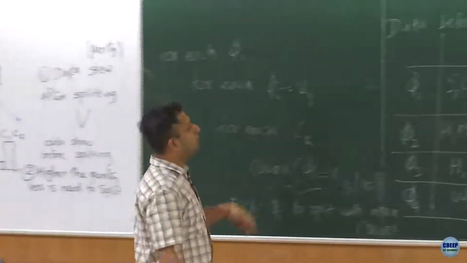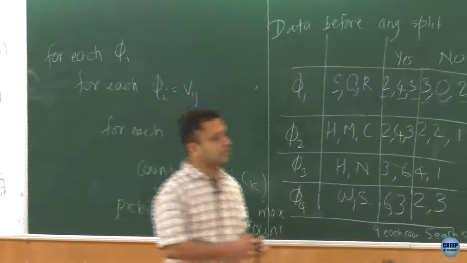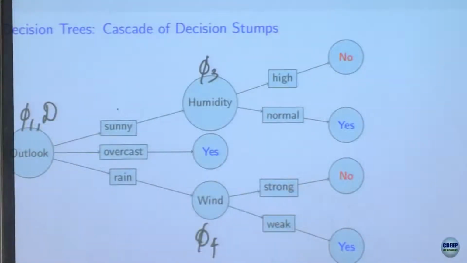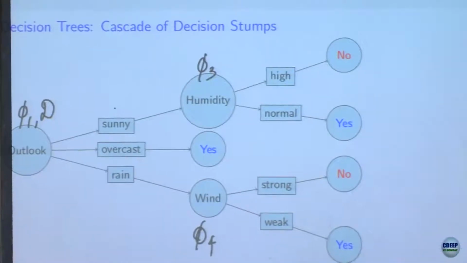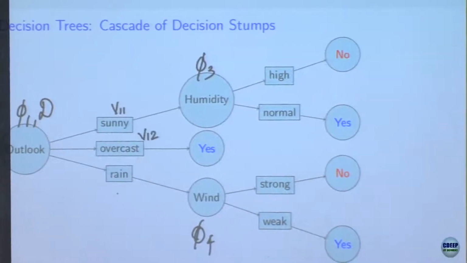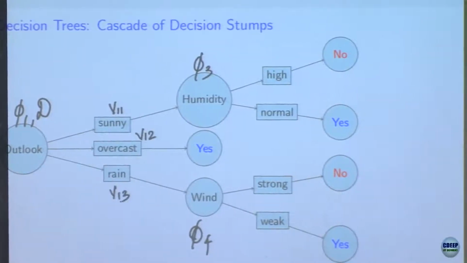So what we'll also do is associate the data itself. Here is the data before the split, and now this phi 1 had 3 values: V11 which was sunny, V12 which was overcast, and V13 which is rainy.